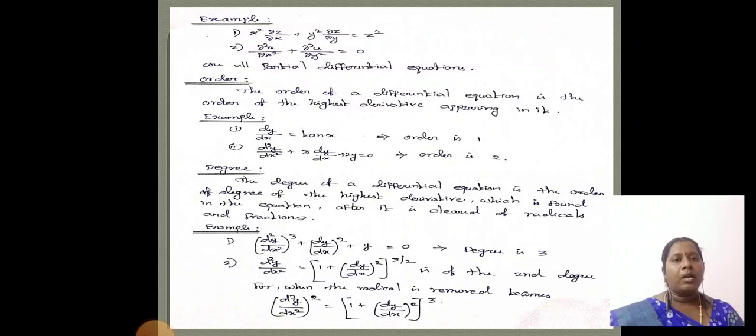So, the order of the equation is 1. Example 2. d square y by dx square plus 3 into dy by dx plus 2y equal to 0. In this example, the highest differential coefficient is d square y by dx square. So, the order is 2.